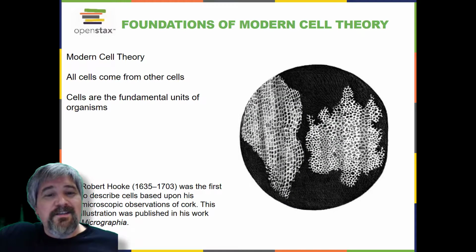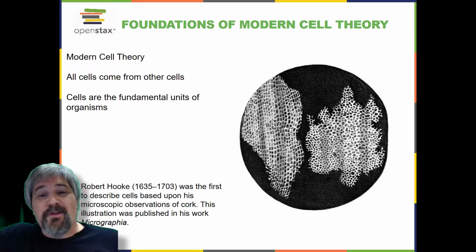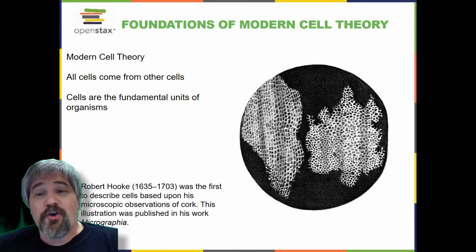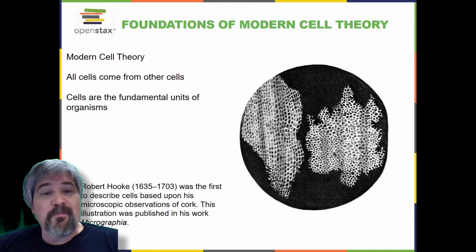In a 1665 publication called Micrographia, experimental scientist Robert Hooke coined the term cell, from the Latin cella, meaning small room, for the box-like structures he observed when viewing cork tissue through a lens. In the 1670s, van Leeuwenhoek discovered bacteria and protozoa.